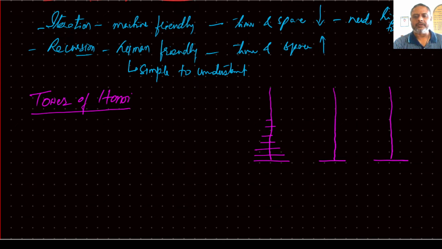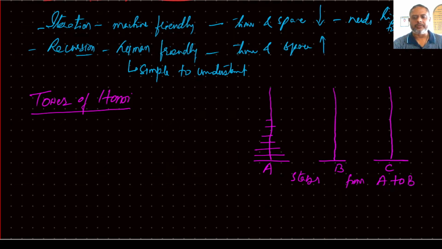The biggest one is on the bottom, the smallest one is on the top. The story goes that we need to transfer these slabs, so let me call these A, B, and C, from A to B.